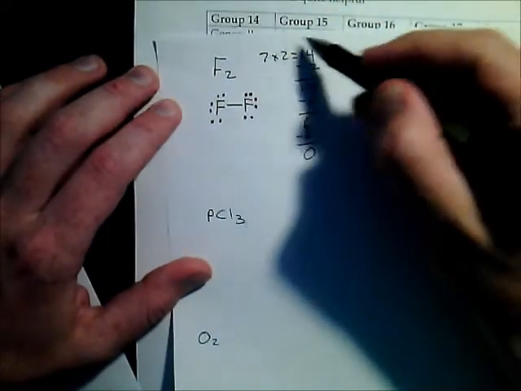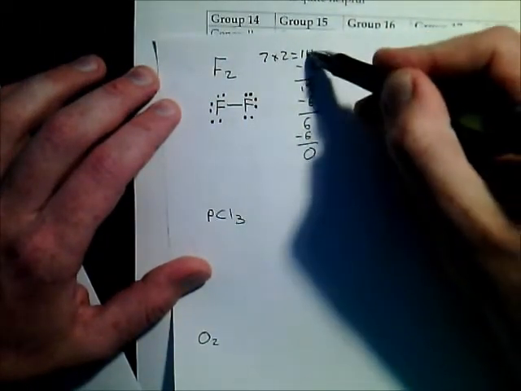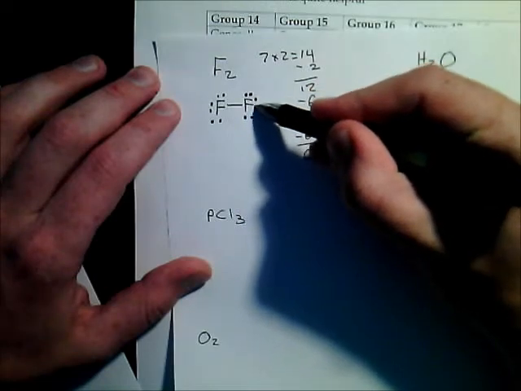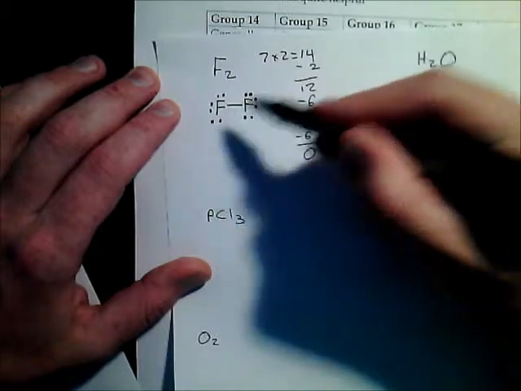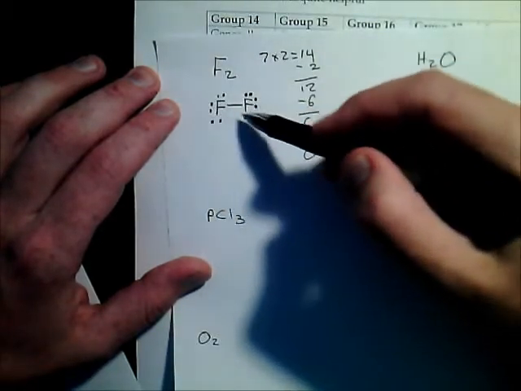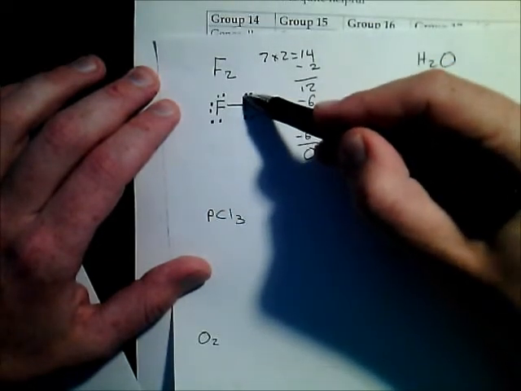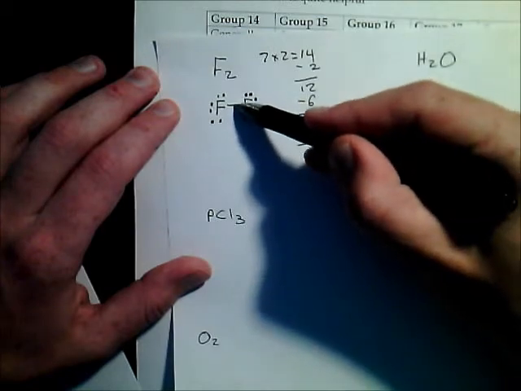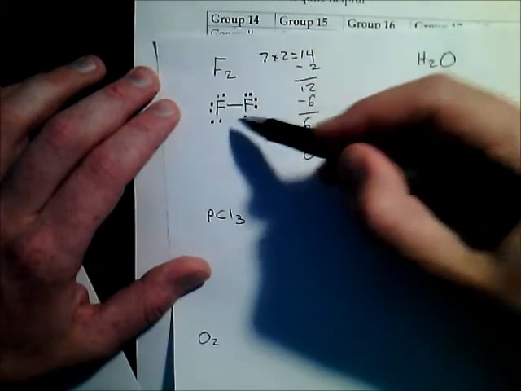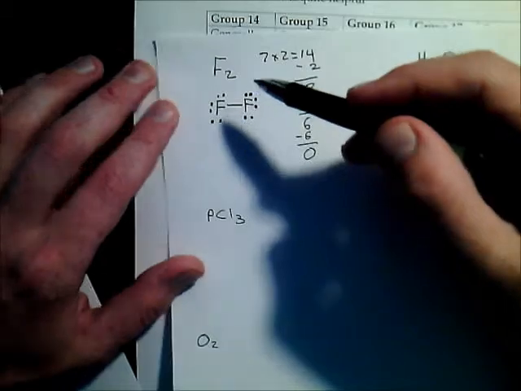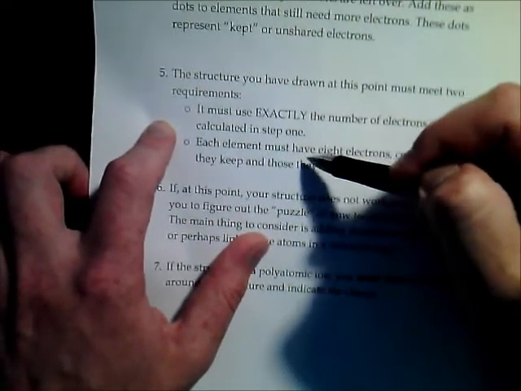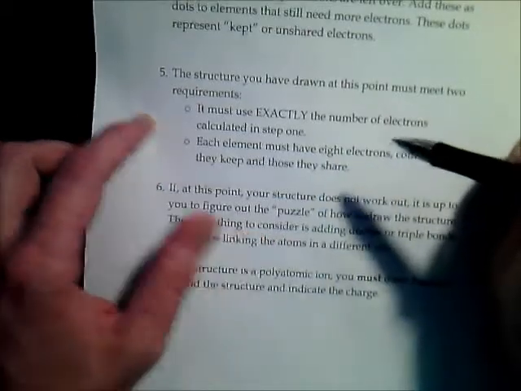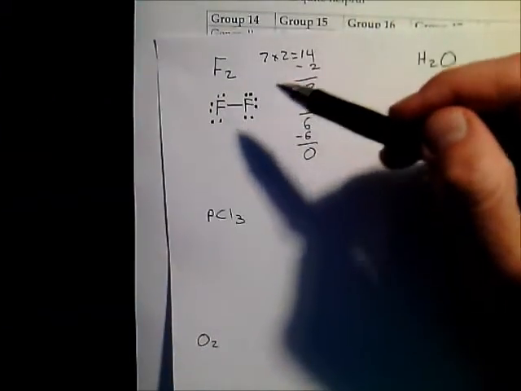We used exactly 14: 1, 2, 3, 4, 5, 6, 7, 8, 9, 10, 11, 12, 13, 14. And each has 8 electrons around it. It has 6 it keeps, and 2 it's sharing. The line counts as 2 for both. When you are evaluating this step, if each element has 8 electrons around it, the line counts as 2 for both.